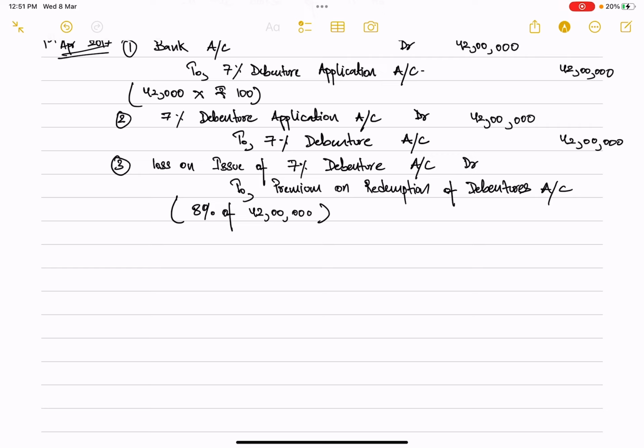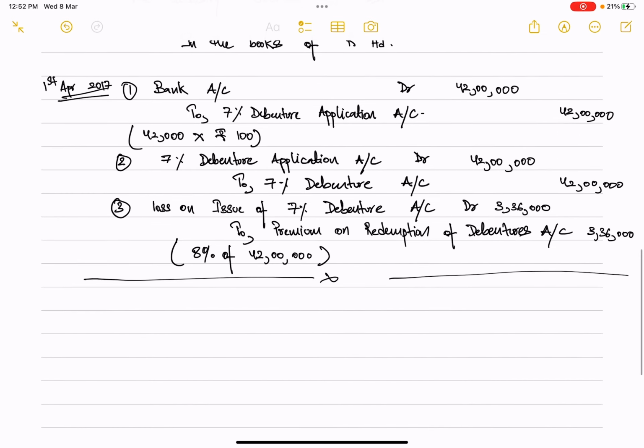If you calculate this, 8 by 100 into 100, valuing at 8 rupees, into 42,000 should get you a total of 3 lakh 36,000 rupees. Correct? So up till now, whatever we've done covers the part for the issue of debentures.